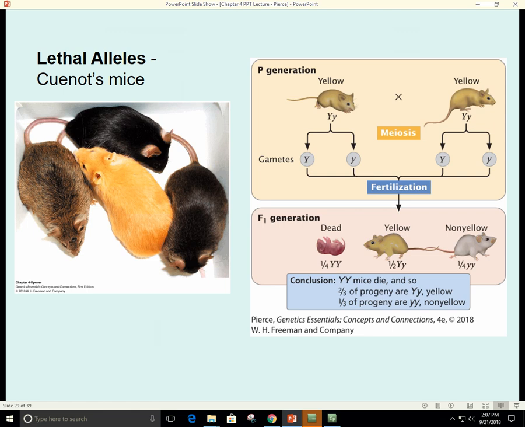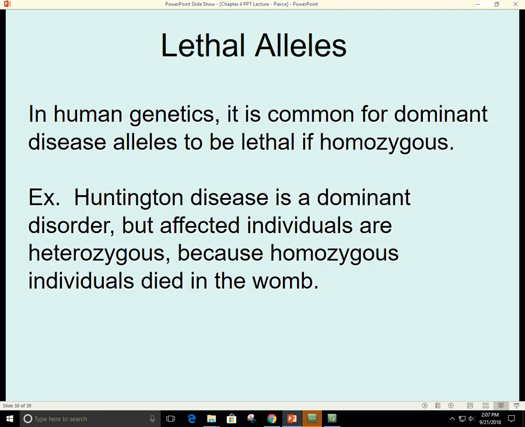And that's because the 1/4 of the offspring that should have the big Y genotype die in the womb. They die before birth, so the yellow allele is a homozygous lethal. It's perfectly viable in its heterozygous form, but in homozygous form it kills the baby. And again, you don't have to know why it does, just that that's the pattern, that's what this term means.